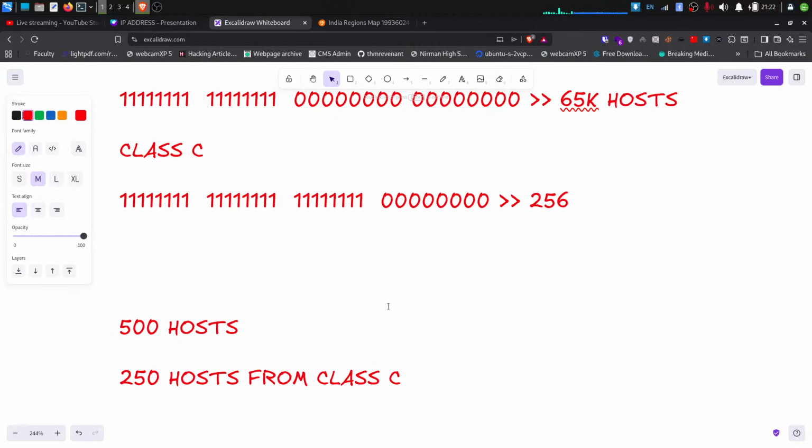So the thing is, IP classes do not actually mix. You cannot take 256 hosts from class C and the remaining from class B. The thinking is basically classful, but modern networking does not work like that. Why do those things not mix? Because one network must come from another continuous IP block. You just cannot glue class C and class B together.